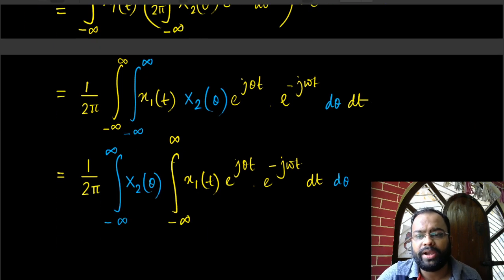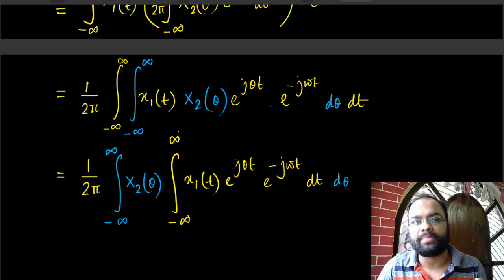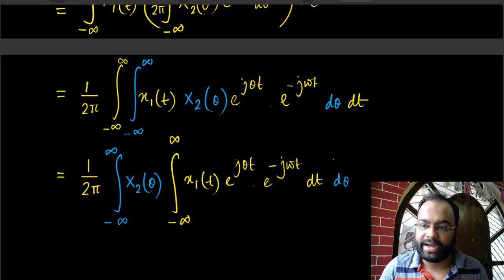For the double integration, as far as the integration with respect to time is concerned, try to understand that all the terms represented in blue here are constant. So as far as time is concerned, theta is a constant, so this entire integration is a constant.